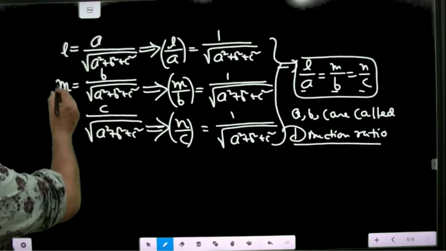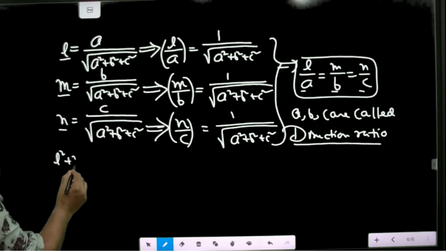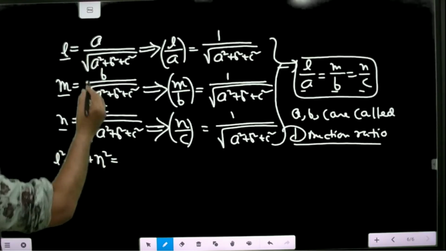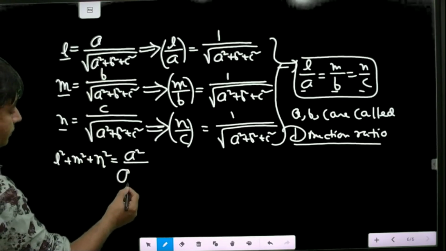You see, you square and add all of these. The roots will be removed.